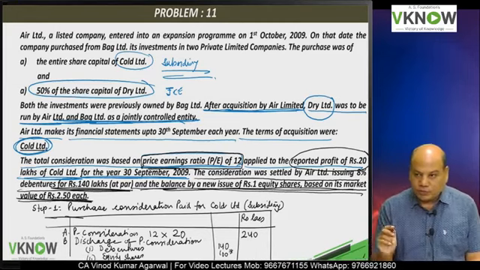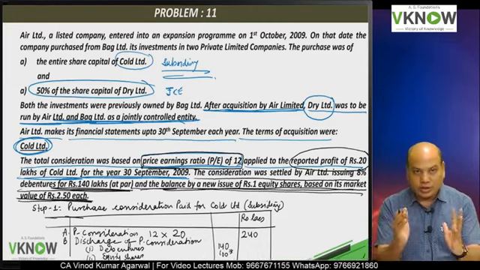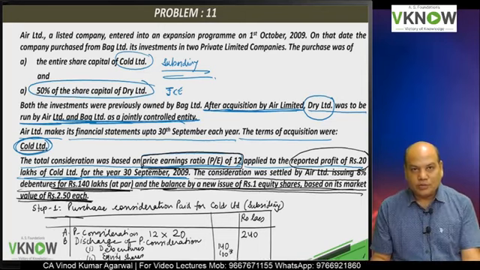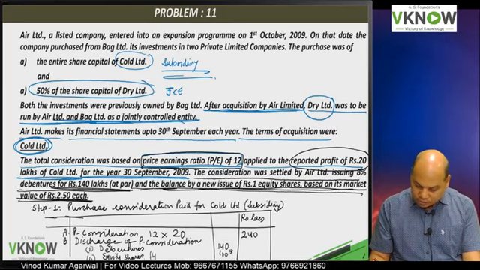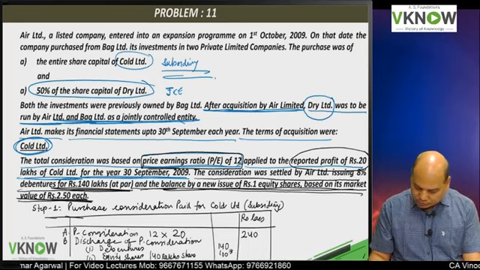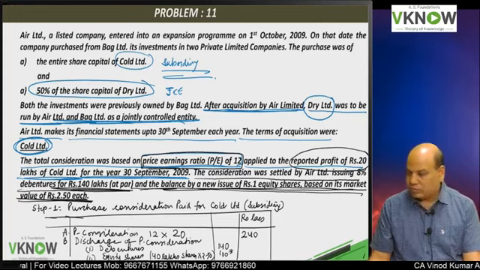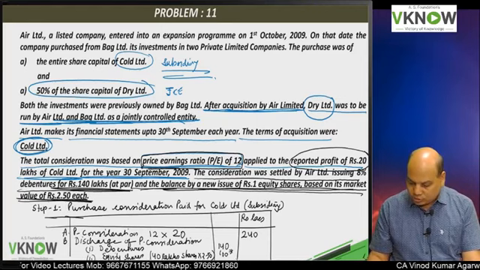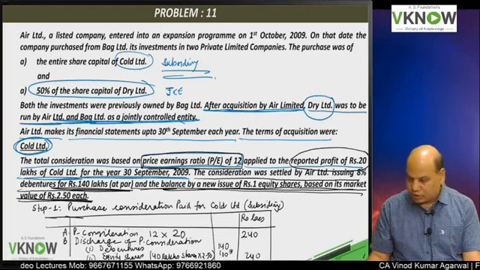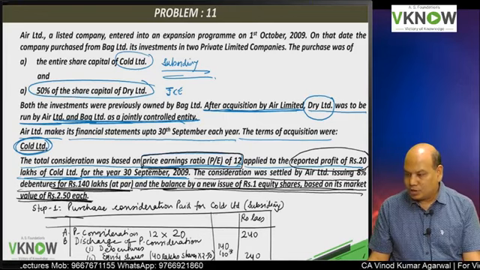So you take 100 divided by 2.50, which is 40 lakh shares, into 2.50. So the total comes to 240 lakh.